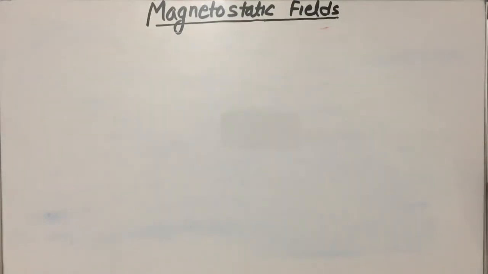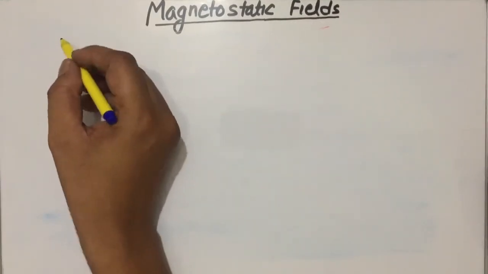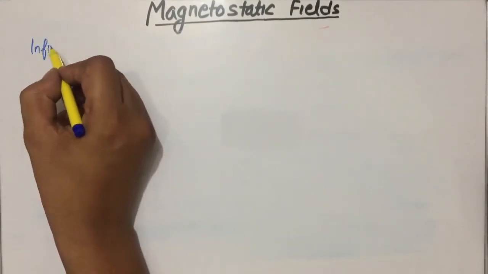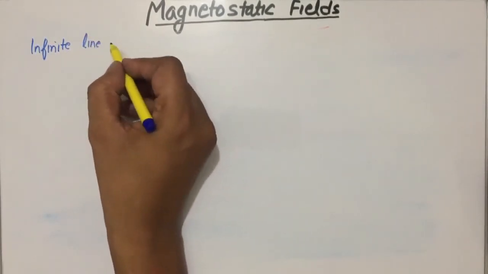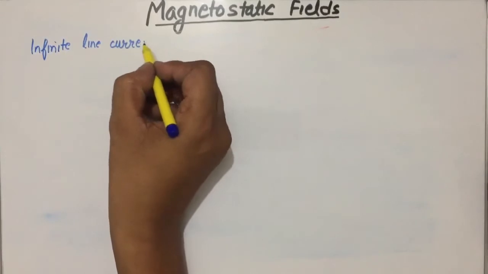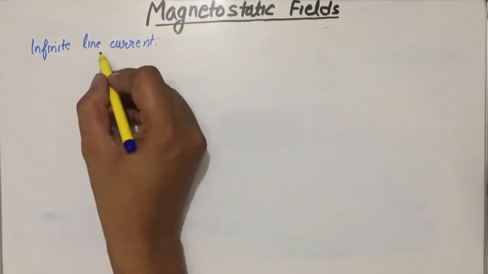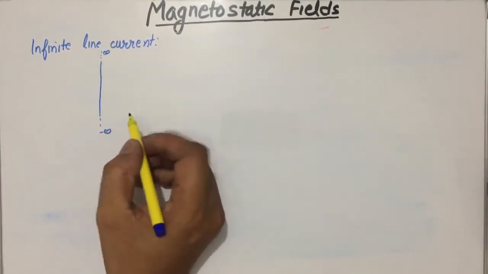So consider an infinite line current, and find the magnetic field intensity according to the Biot-Savart law. For that purpose, we will consider one line current of infinite length, from minus infinity to plus infinity.